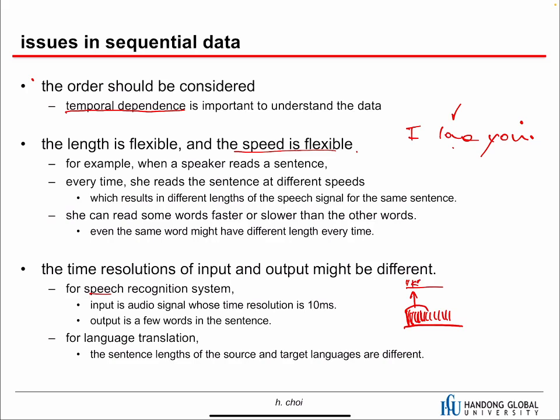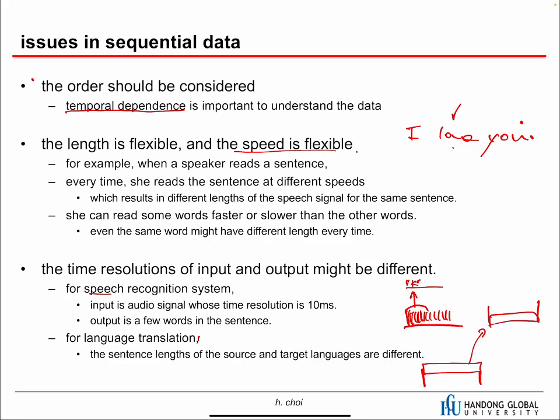And as another example, if you have a language translation, when we have one source sentence from the source language, and then we want to translate to the target language, and obviously the length of this sentence would be different from the length of the target sentence.